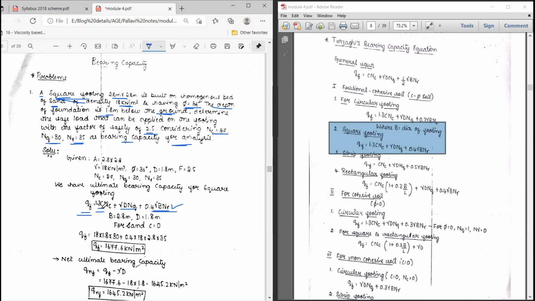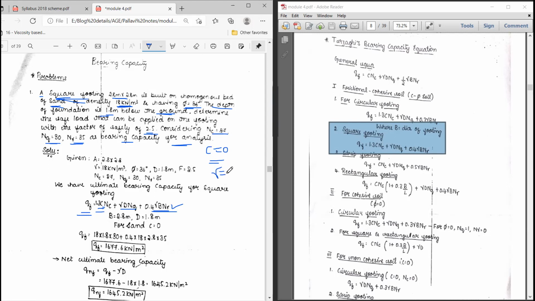C stands for cohesion. Now let us see whether this data is available in the problem or not. Since sand is a cohesionless soil, you can consider C value equal to 0. Gamma value he has given in the problem: 18 kilonewton per meter cube.